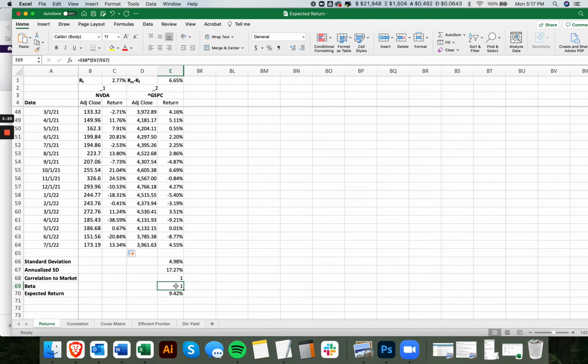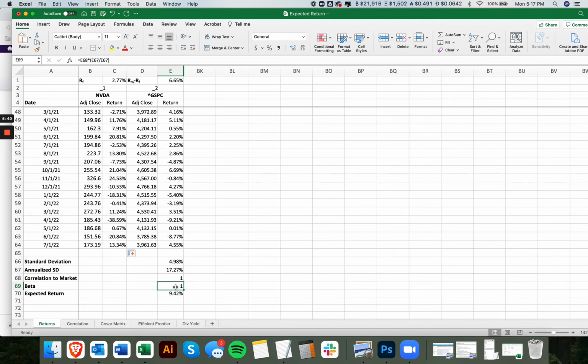Beta is a measure of market risk or systemic risk. In this case, because we're looking at, again, a proxy to the market, we have a 1 for the beta. Basically what this means, you'll see betas higher or lower.